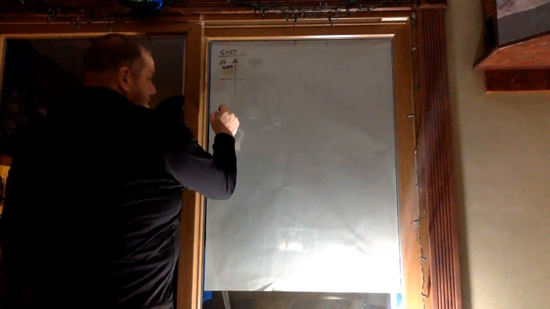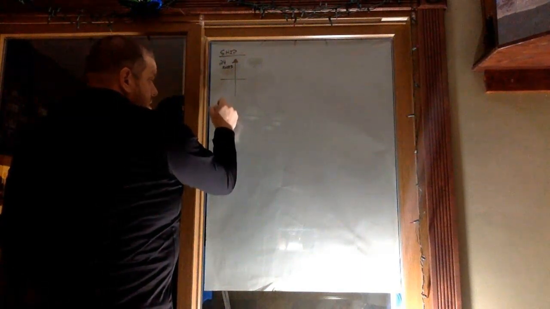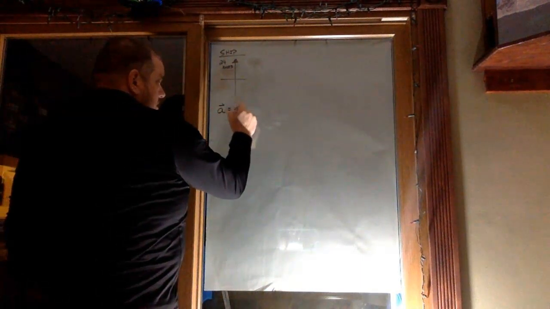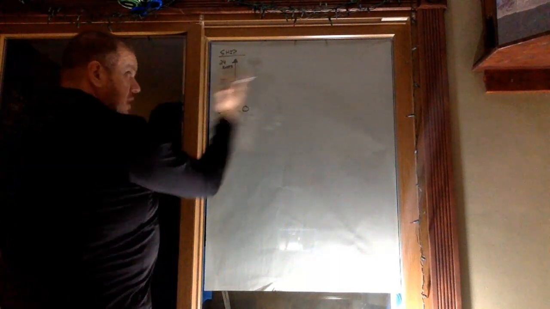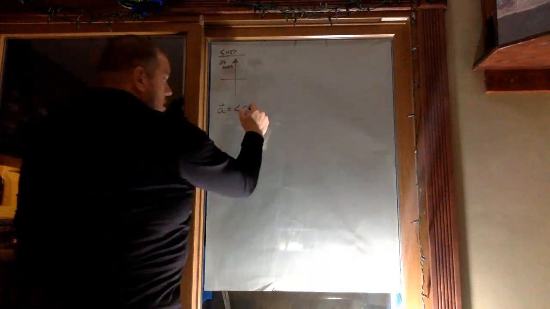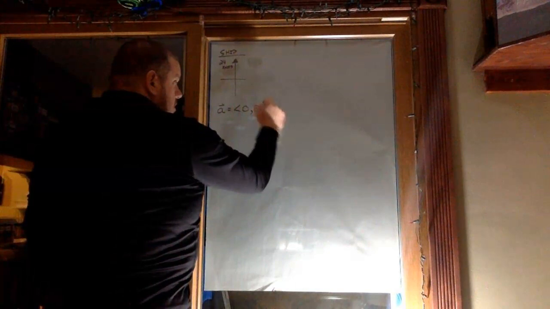So that means the ship has a vector of 0, because it's not going horizontally at all, comma 24, because it's going straight vertical. Boom. Done. Love it.